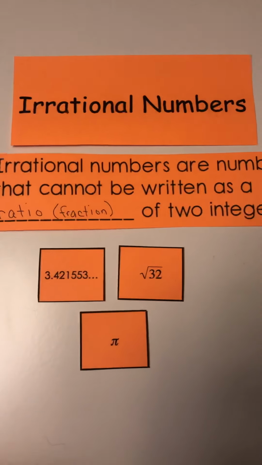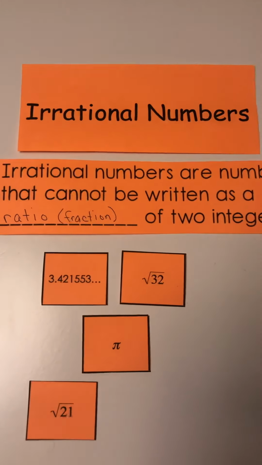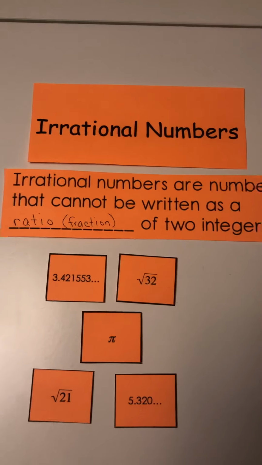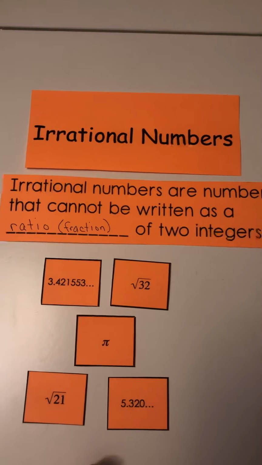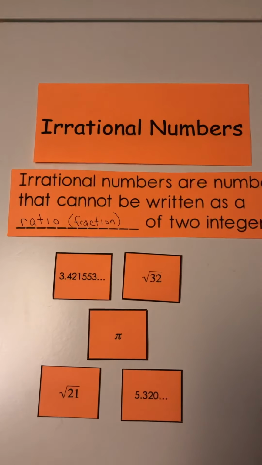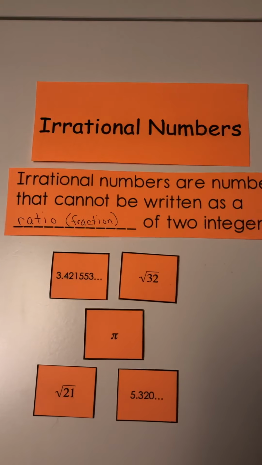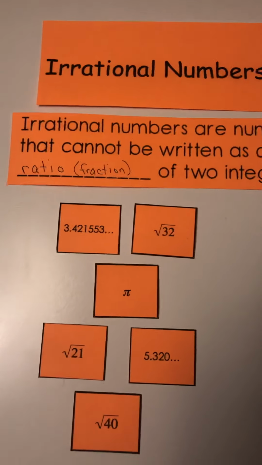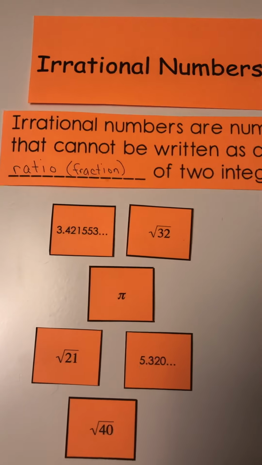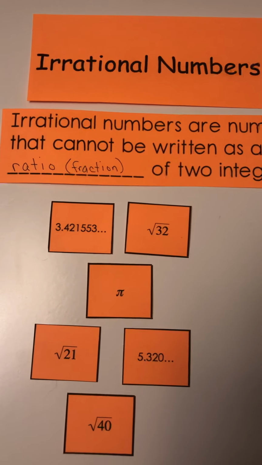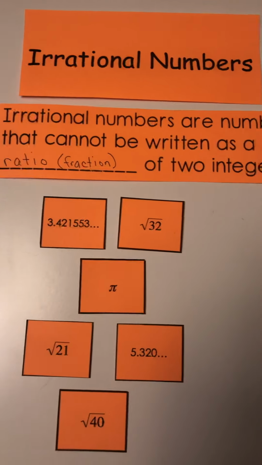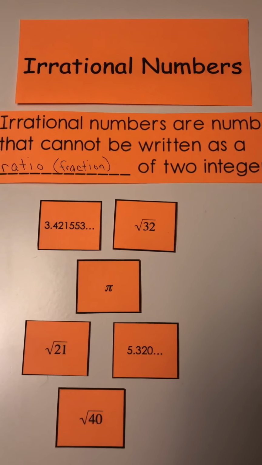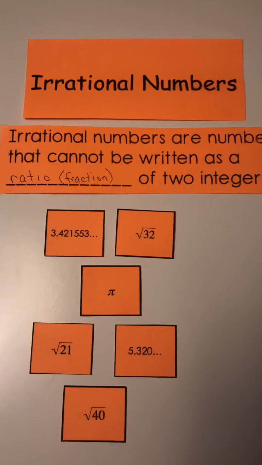So other ones we might see would be the square root of 21, 5.320, and you can see that it doesn't repeat in a pattern. And then you would have the square root of 40, which is also a non-perfect square root. They're called non-perfect. So these give you ideas of what the difference is between a rational and an irrational number.